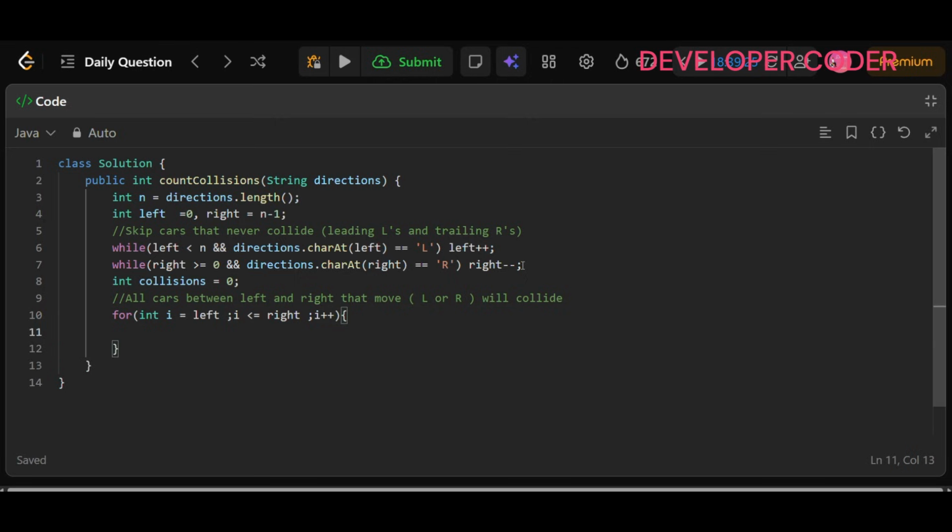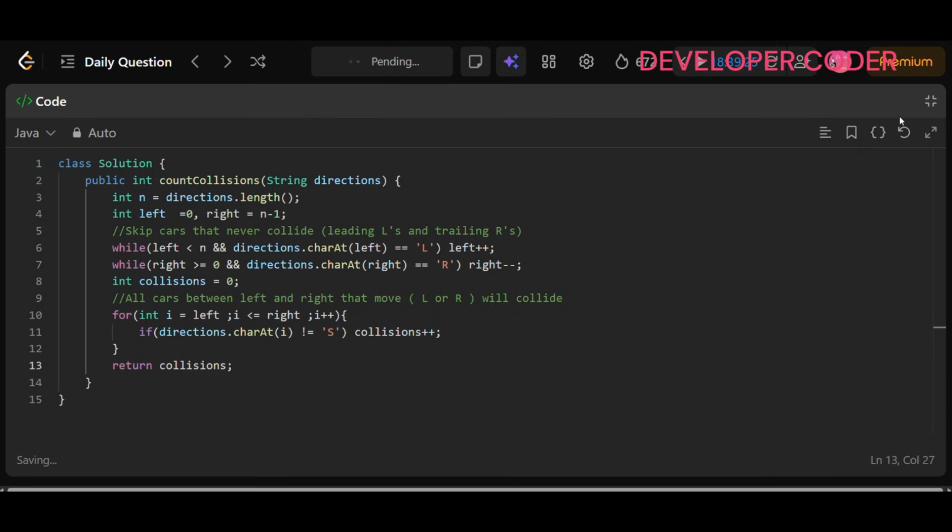And here, if directions dot charAt this index i is not equal to S, in that case you have to increment this value, collisions plus plus. And in the end here you have to simply return collisions, that's it.